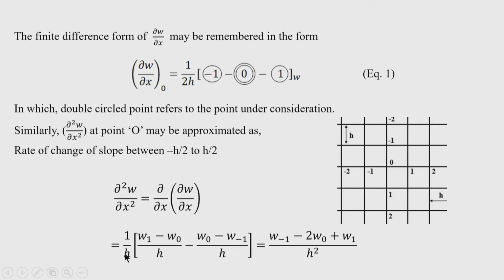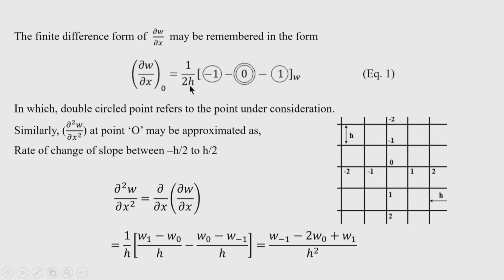So, directly we substituted 1 by h, but the change of slope dw by dx is the rate of change of displacement, that is the slope between the 2 points minus h by 2 to plus h by 2. Okay. So, we get this 1 by 2h.